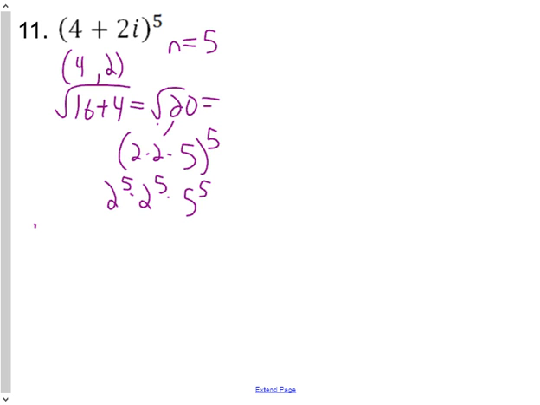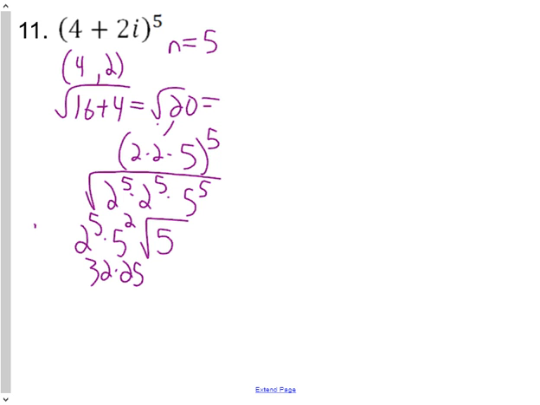We're going to have 5 2s come out. We're going to have 2 sets of 5 come out, and 1 is still going to be underneath, right? Because these are all under the square root. And remind you, 2 times 2 times 2 times 2 times 2, we've got 32 times 25. This is going to give us 800 root 5. 800 root 5.